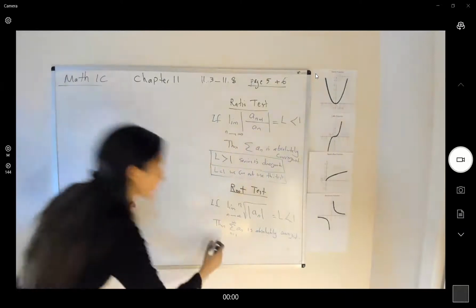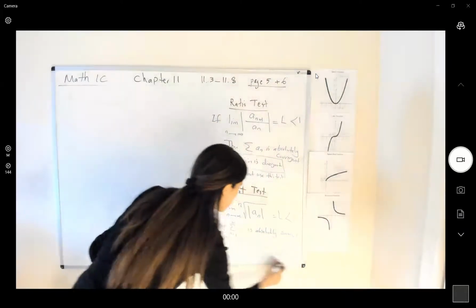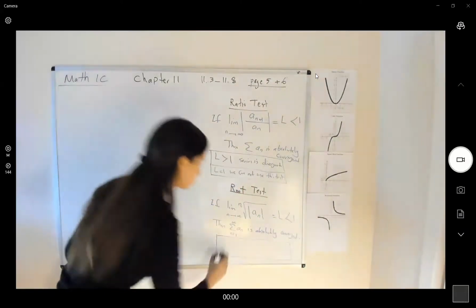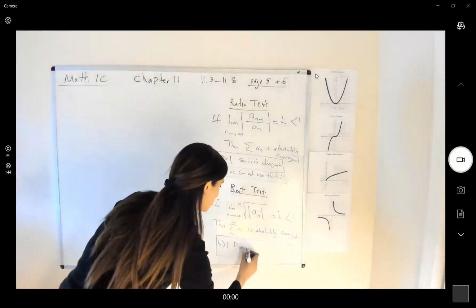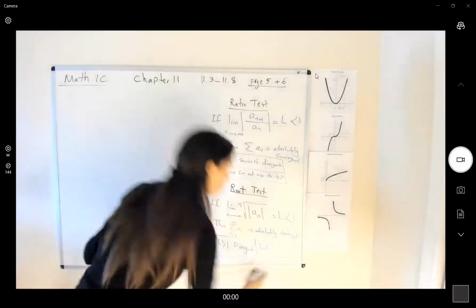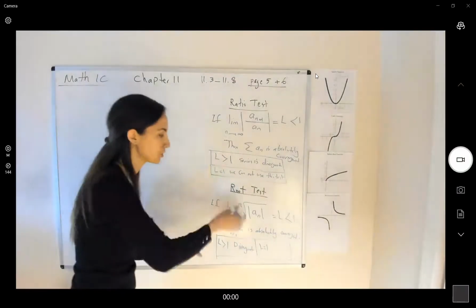The same argument: if L is greater than 1, it is divergent. And if L is equal to 1, we cannot use this test.